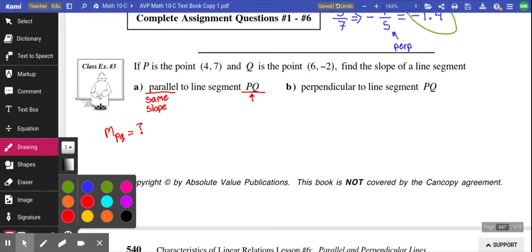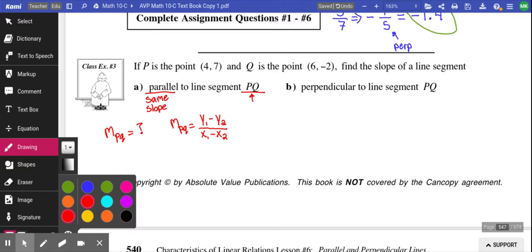From previous lessons, we learned that to do slope, when you have 2 points given to you, you're going to use the formula y1 minus y2 divided by x1 minus x2. That represents rise over run.